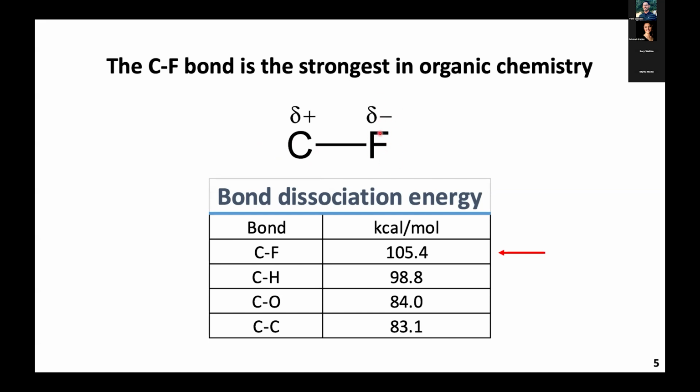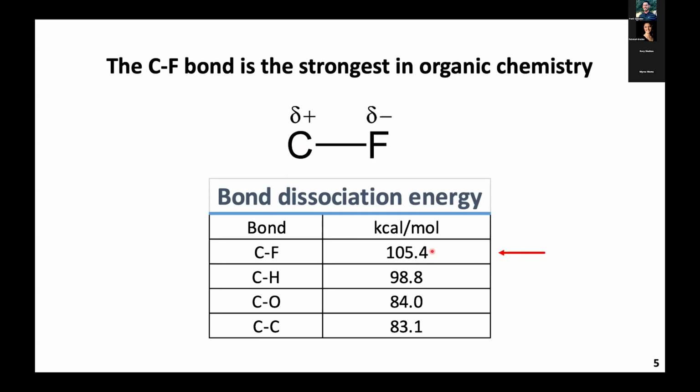It's sort of negatively charged, and the C is deficient in electron density. That bond, because of the electronegativity difference, is a very short bond, physically short, and very strong. And you can see down here the bond dissociation energy to break that bond is by far higher than any of the other ones that we have down here. And so this is really quite a strong bond.